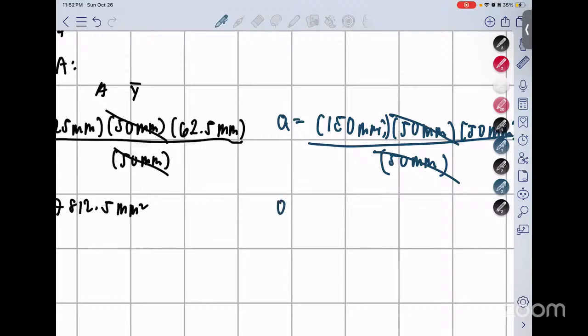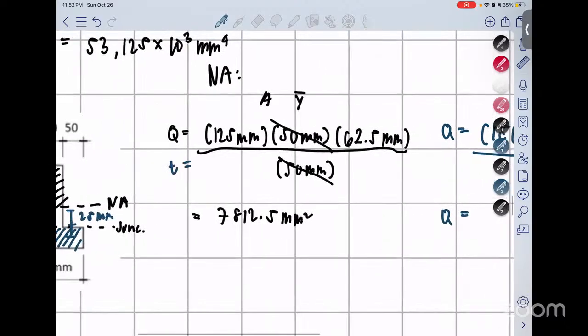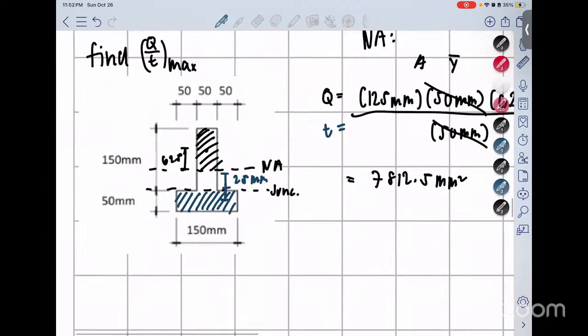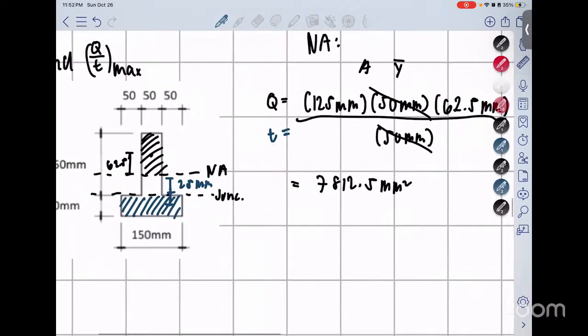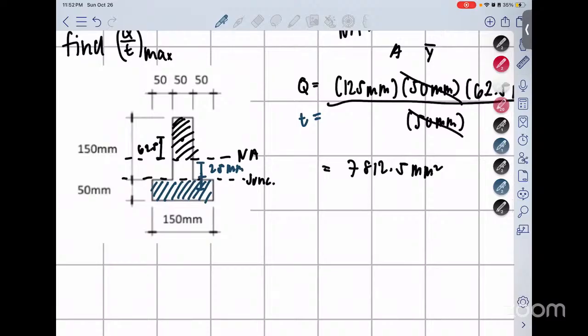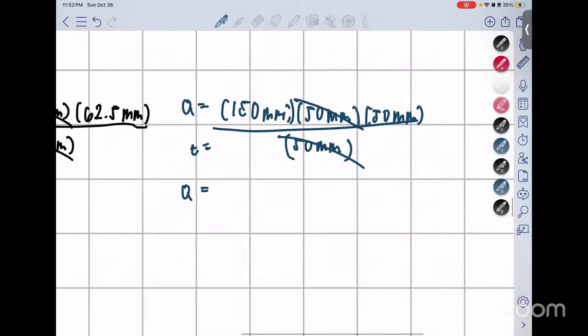So the Q here, Q over T na pala to. Kasi this is the thickness sa baba, right? Oh, this one pala is not good, sorry. The thickness of that one is not 50. The thickness here is 200.